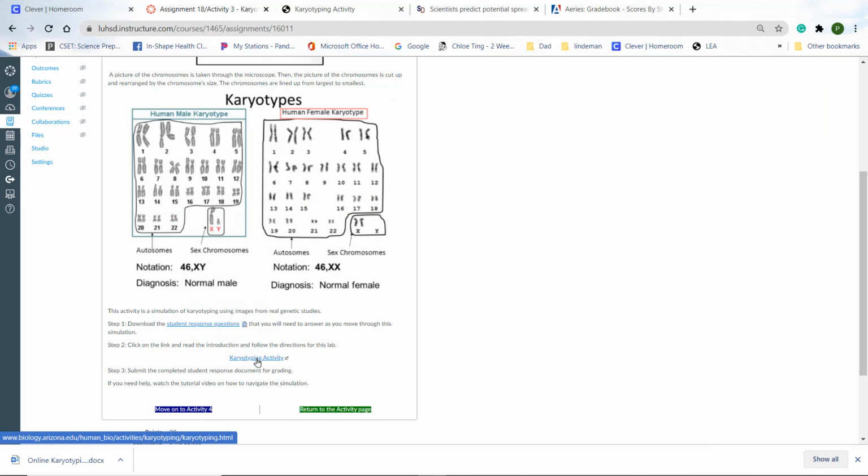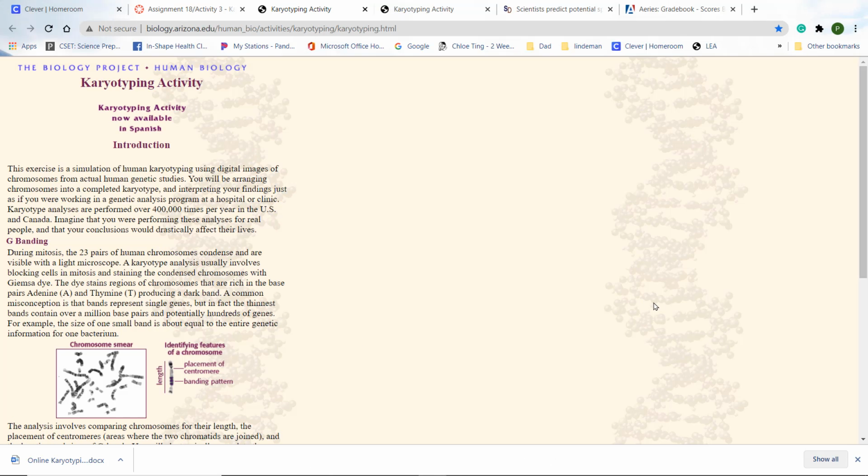So you go to the karyotyping activity. And I'm going to just read this real quick to bring up some information that you'll need. So if you've read this already, just listen to me as I do it again and explain things. This exercise is a simulation in human karyotyping using digital images of chromosomes from actual human genetic studies.